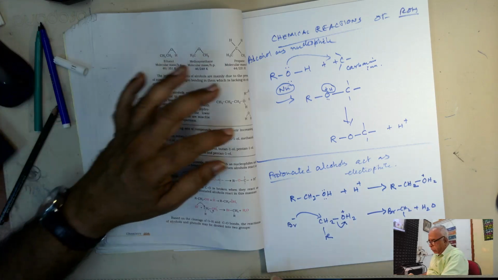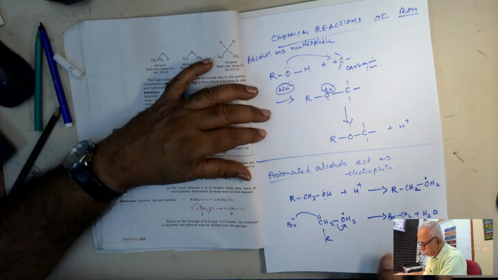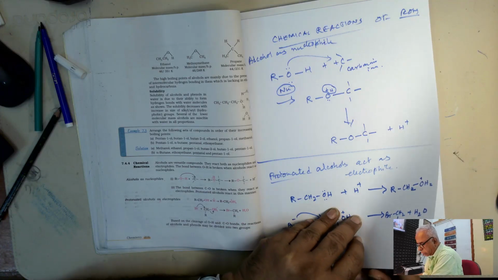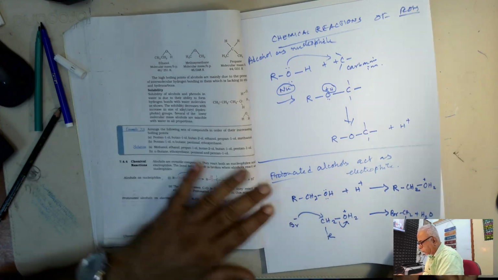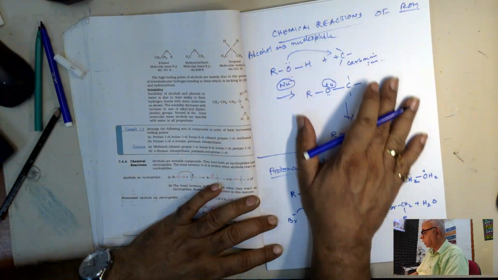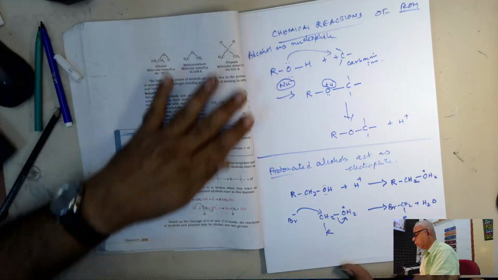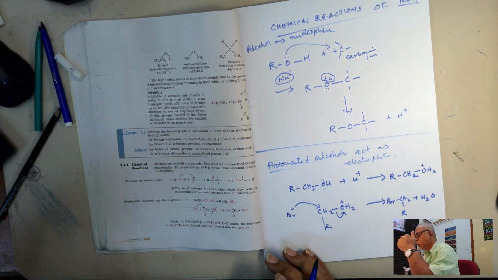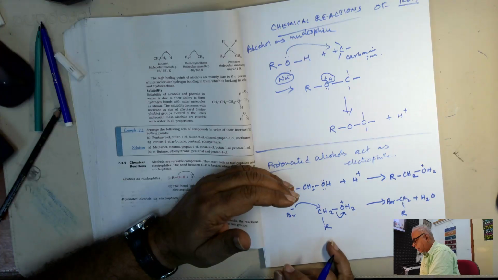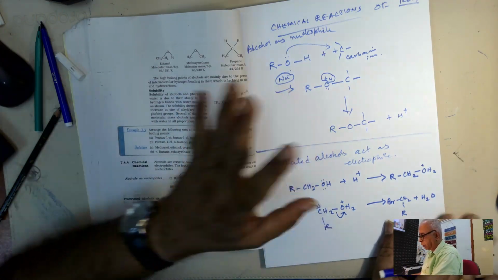So based on the nature of the cleavage, sometimes the OH is cleaved, sometimes the CO bond is cleaved. The reactions of alcohols and phenols can be divided into two groups. First, we discussed the general nature of alcohol, where the alcohol can act as a nucleophile as well as an electrophile. These two points are very important.